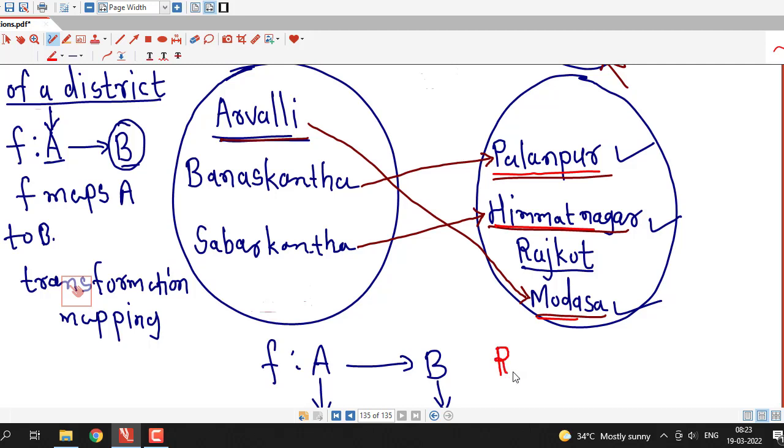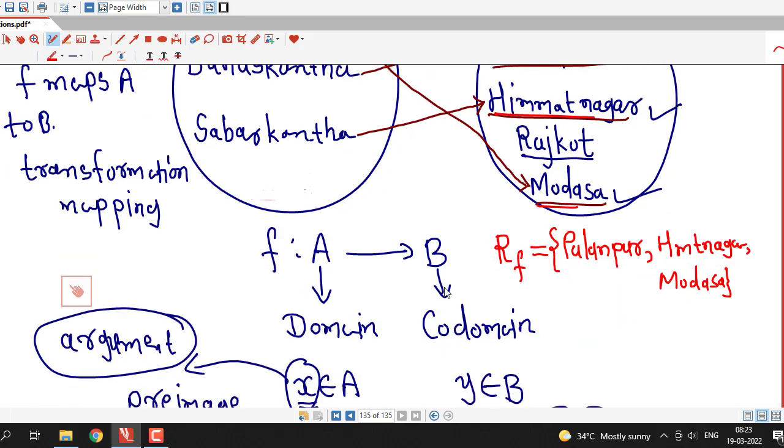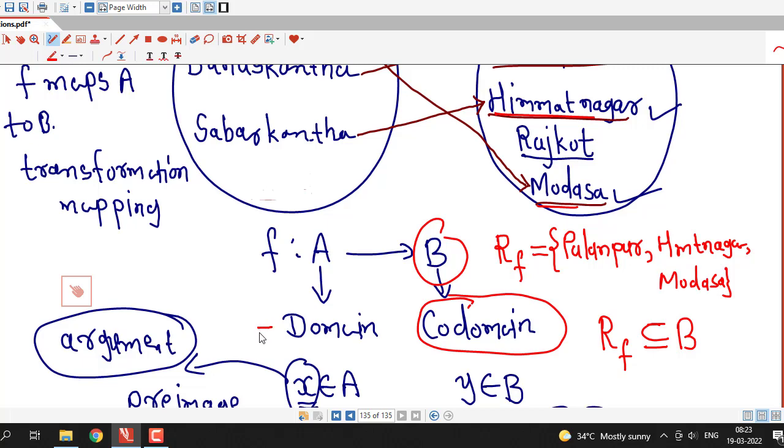So the range of this function, denoted by R suffix f, will contain these three cities: Palanpur, Himmatnagar and Modasa. Rajkot is not the image of any element of set A, so Rajkot is not in the range of f, and this set B is the codomain of the function. So the range of f is always a subset of the codomain of f. The domain of f can be denoted by D suffix f.